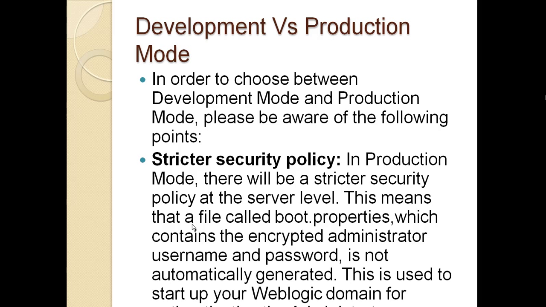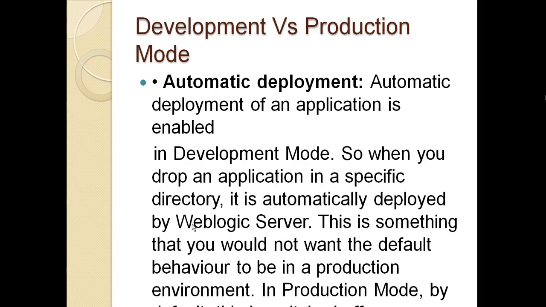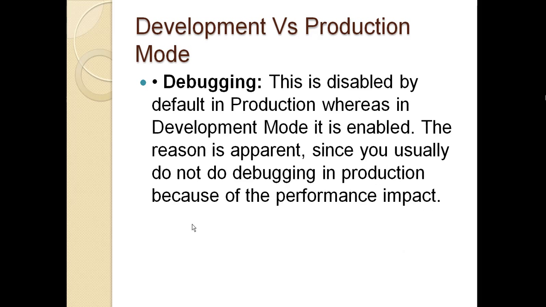But in development mode, there is a boot properties file which has encrypted username and password, so you don't have to pass any password in development mode. In development mode, there is also an auto deployment folder where you can automatically deploy your application. It is not present in production mode.